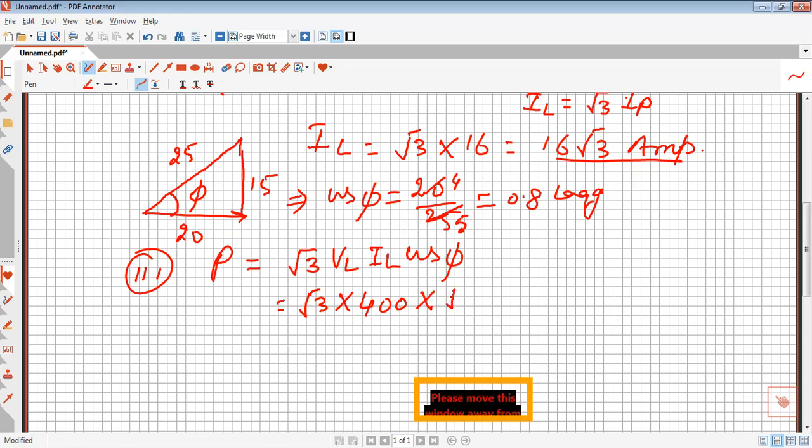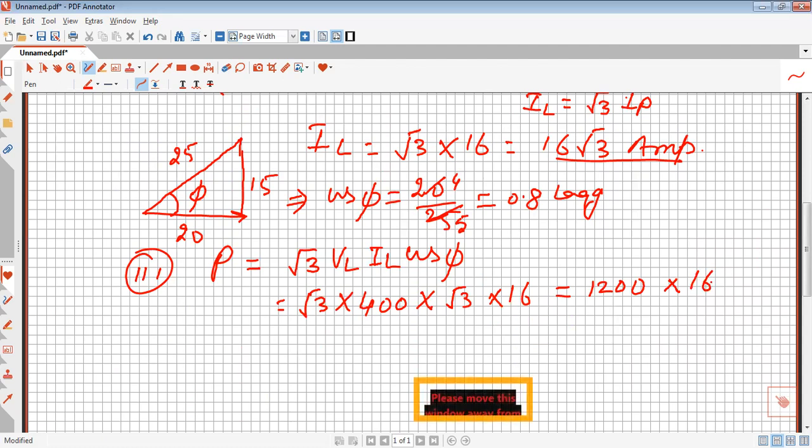Line current is root 3 times 16. So root 3 times 400 times root 3 times 16 times 0.8. After solving this, root 3 times root 3 is 3, and 3 times 400 is 1200, multiplied by 16.